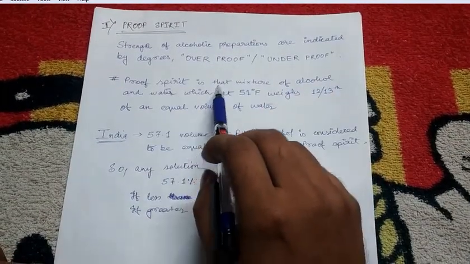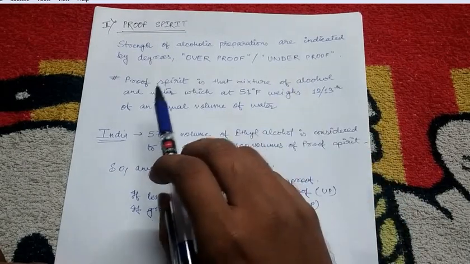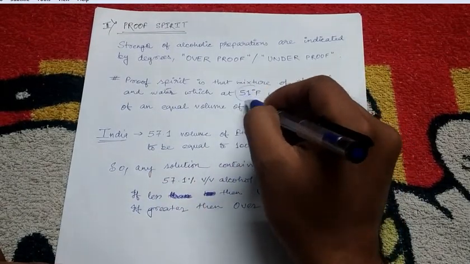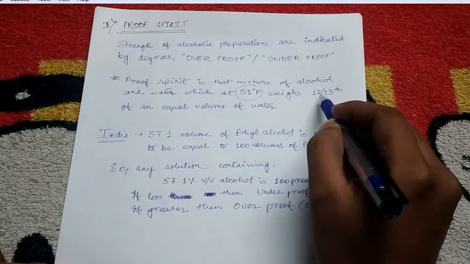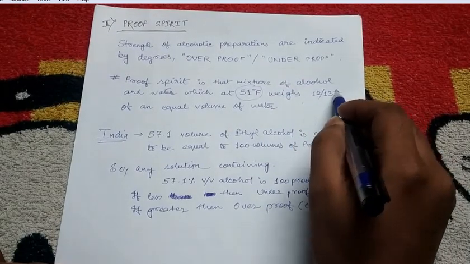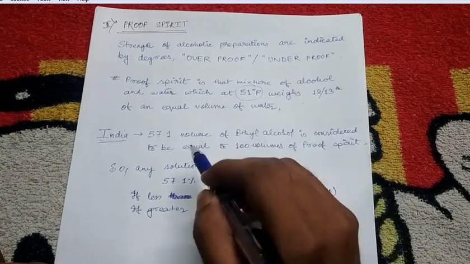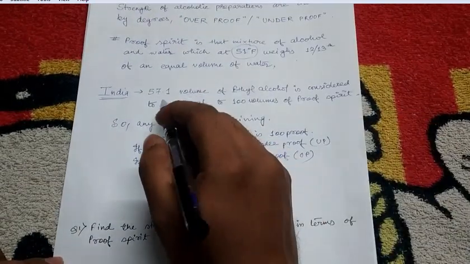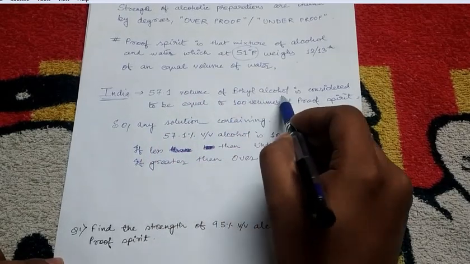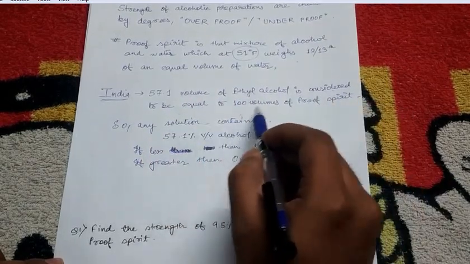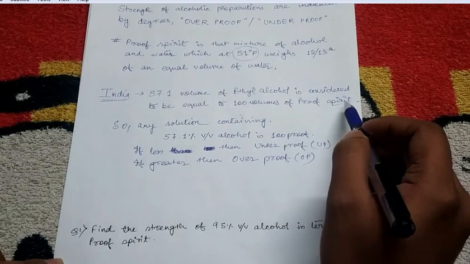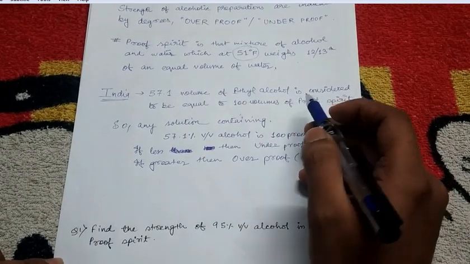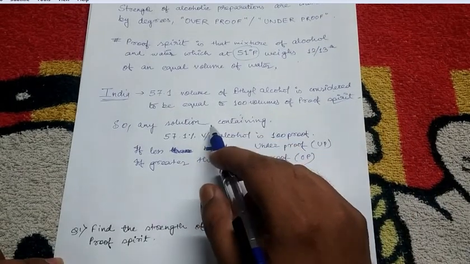Proof spirit is that mixture of alcohol and water which at 51 degree Fahrenheit weighs 12 by 13th of an equal volume of water. So in India, 57.1 volume of ethyl alcohol is considered to be equal to 100 volumes of proof spirit. So for different countries, there are different methods. For India, it is 57.1 volume.